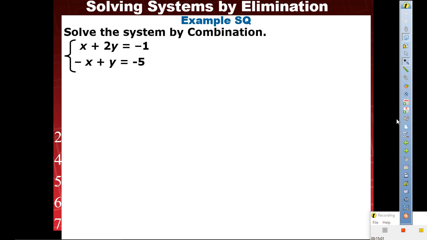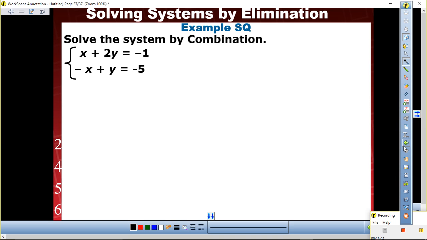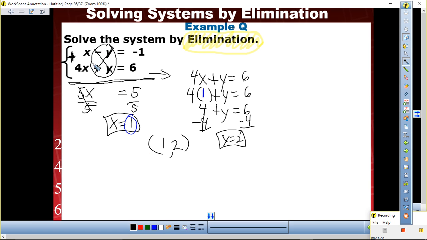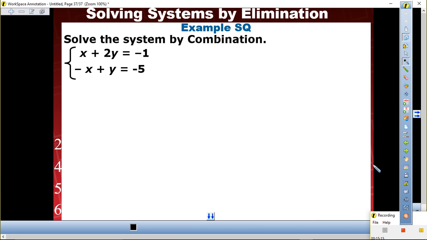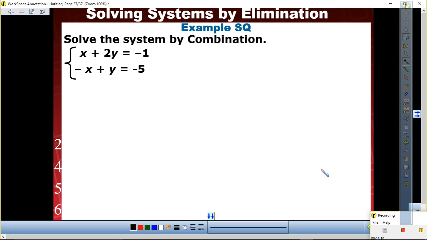Now, before you begin solving, let me go back to the previous one. Look up. The previous one, I did this. For this one, tell your neighbor where you're going to start. This is not a solution.